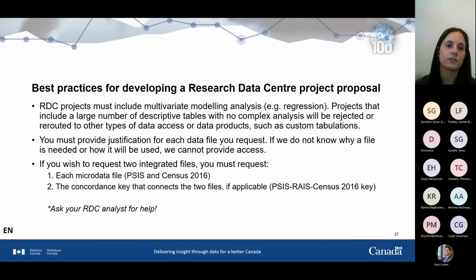And finally, I'll just give some tips for best practices for developing a research data center project proposal. So basically, what happens if you want to use any of these data sets in a research data center is you complete a proposal, and that goes to our data access division.